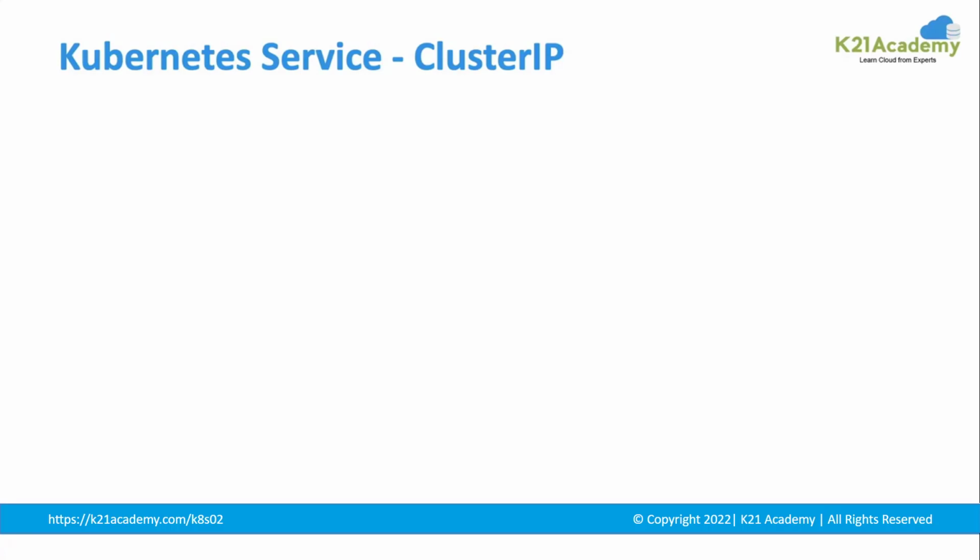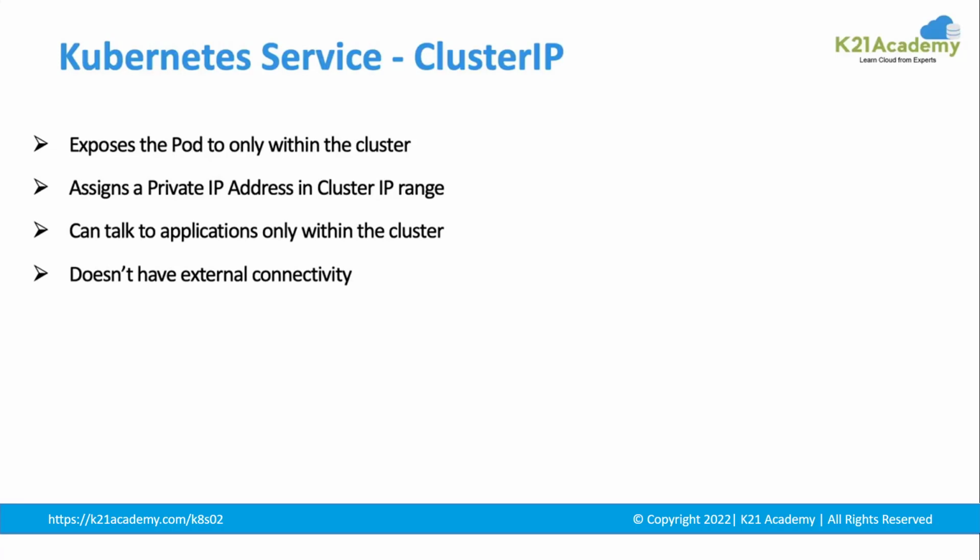If I want my application only to be accessed within the cluster, then I create a service type called ClusterIP. In that, my pod is only exposed within the cluster. It gets an IP address which would be in the ClusterIP range. It can talk to applications only within the cluster. It doesn't have any external connectivity.